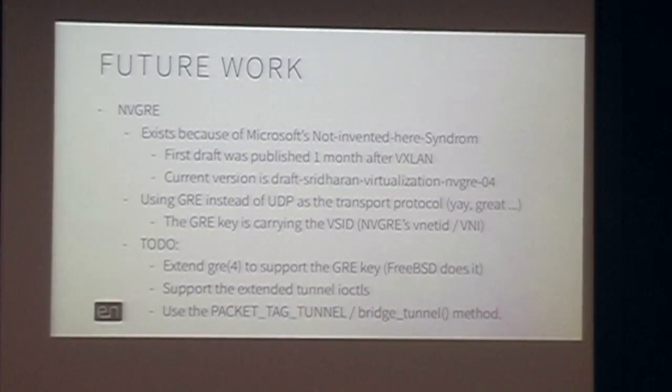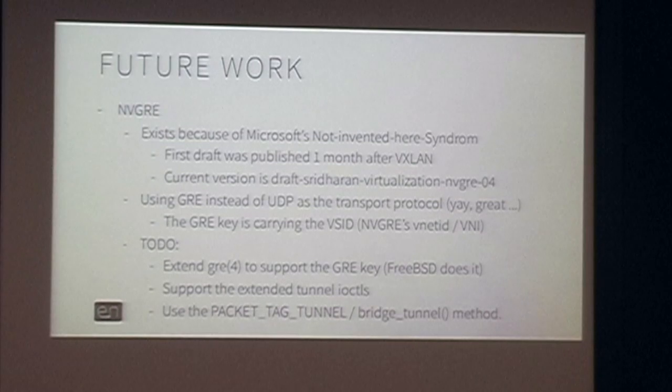So NVGRE. NVGRE is another virtual overlay network that only exists because Microsoft wanted to have their own protocol. And if you look at the drafts, the NVGRE draft appeared 1 month after VXLAN. So VXLAN is VMware, Nicira, Cisco, and a few others.